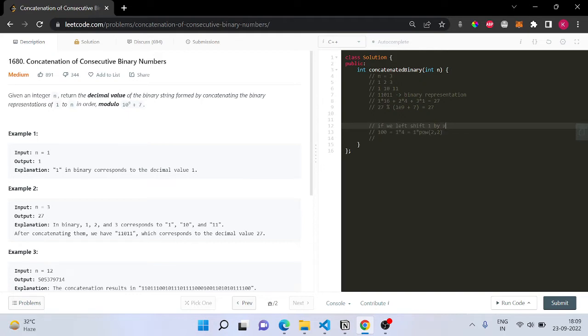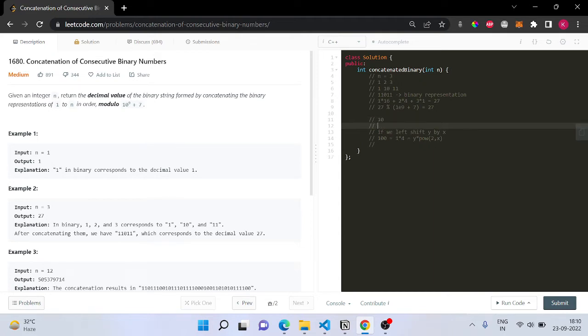So if we left shift y by x, we are multiplying y by 2 to the power x. Let's suppose the number is 1 0.